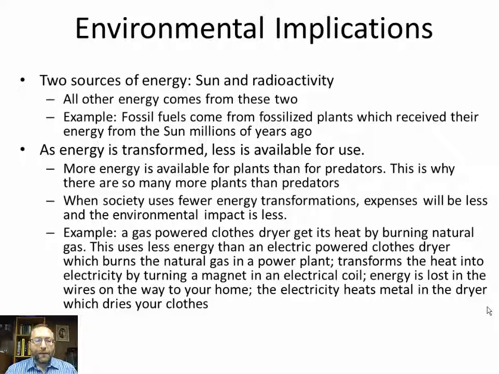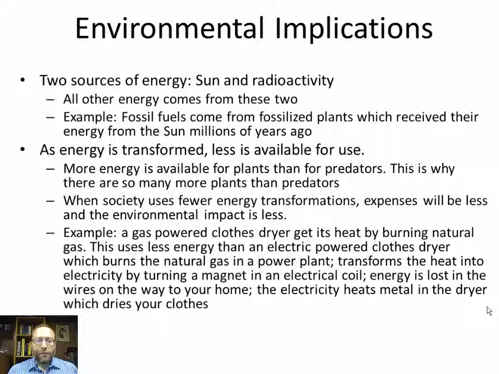An example of this is that if your clothes dryer is a gas-powered clothes dryer, then all the heat that it gets is produced by burning natural gas in the dryer. So that's one transformation. This uses less energy than an electric-powered clothes dryer, which still burns fossil fuels like natural gas in a power plant. That same percentage that's lost in a clothes dryer is most likely also lost in a power plant. But it's happening miles away from your home.